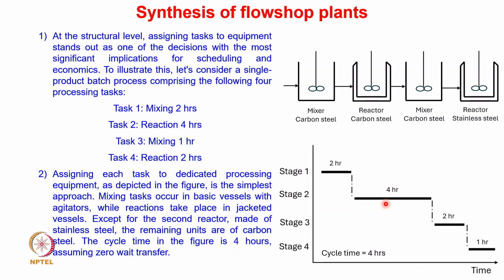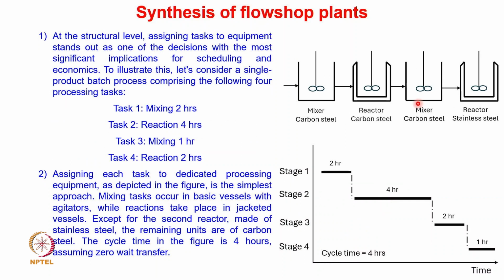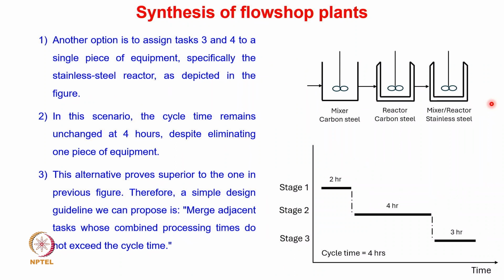Now we can modify this particular process, isn't it? We can say that tasks 3 and 4 we want to do in one vessel itself. In that case, my cycle time still remains 4 hours, but the number of equipment I have reduced. So the simple rule when synthesizing the flowshop plant is to merge the adjacent tasks whose combined processing times do not exceed the cycle time.